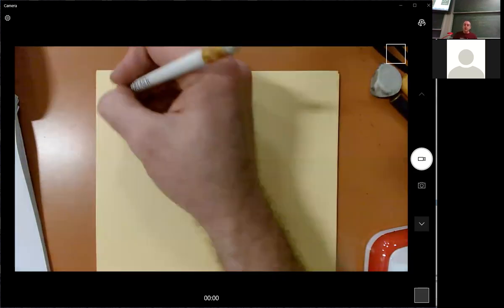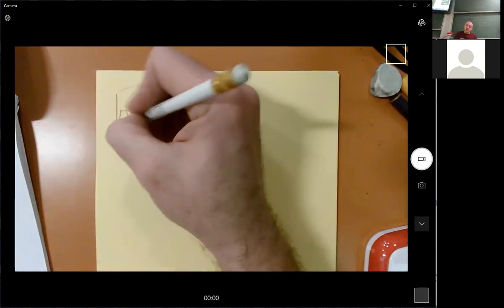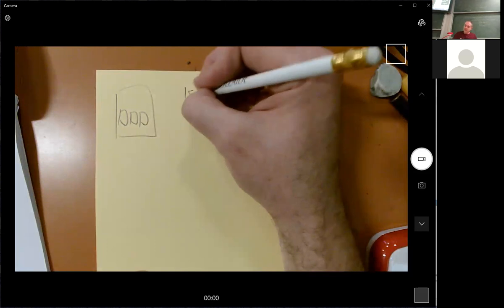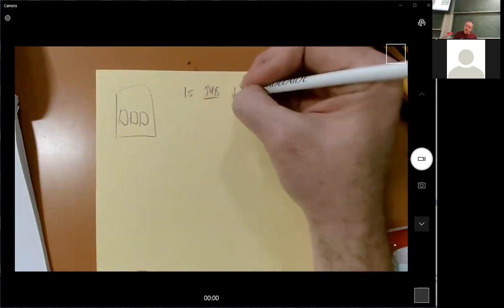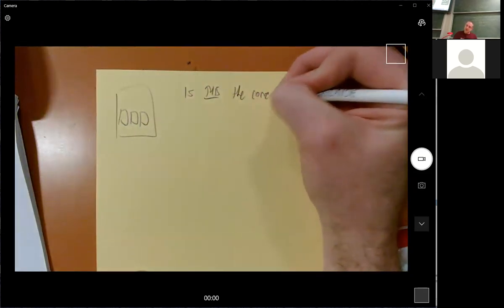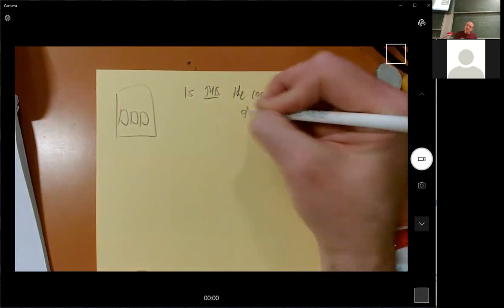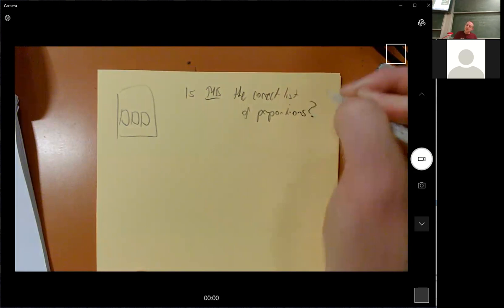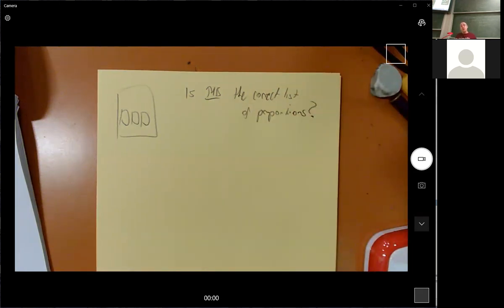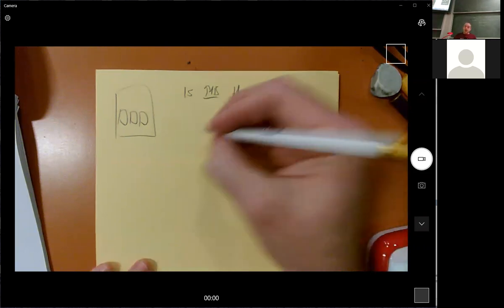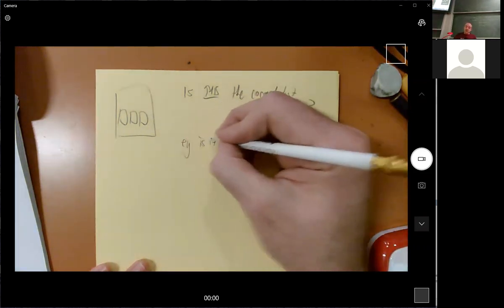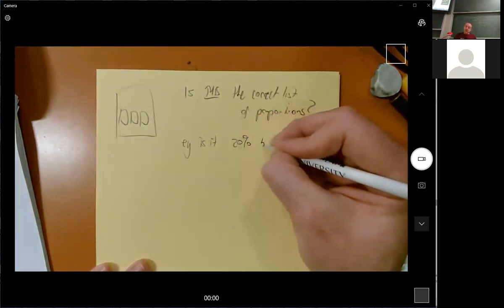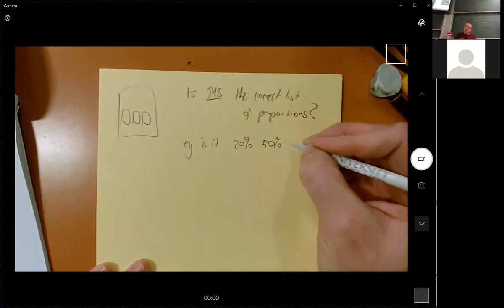So what if your question was actually, you've got a thing with several categories and you say, is this the correct list of proportions? So you've got a proportion for every category and you're asking, is this the correct list? You know, e.g., is it 20%, 50%, and 30%?